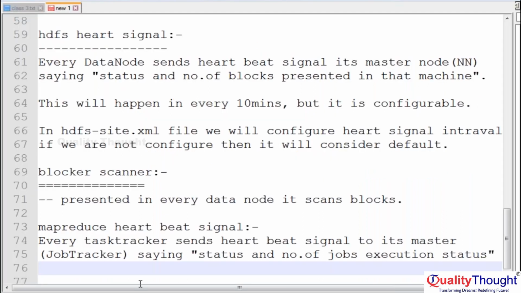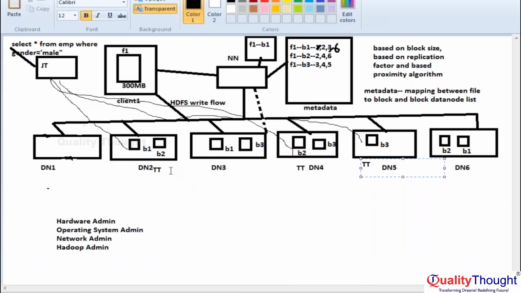Every 10 minutes, the default or our configured value, it will send status to the job tracker. I am alive, I am executing block 1, 50% completed. Another says I am alive, I am processing block 2, 70% completed. Then this one says I am alive, I am executing block 3, completed. So every task tracker updates its status to the job tracker.